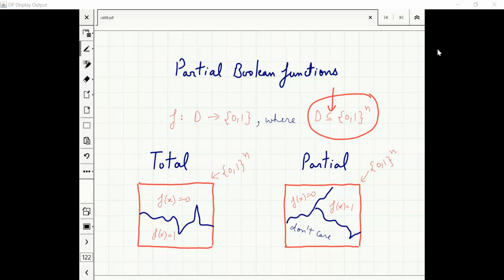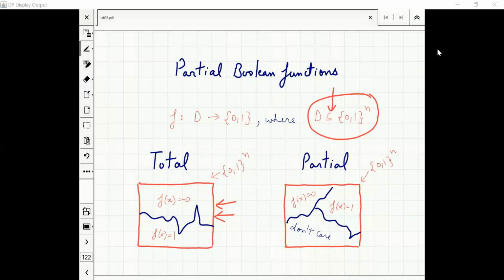In the case of total functions, this rectangle depicts the entire domain, the entire Boolean hypercube. I'm representing the Boolean hypercube by a rectangle. In case of total function, the entire Boolean hypercube can be divided into two parts.